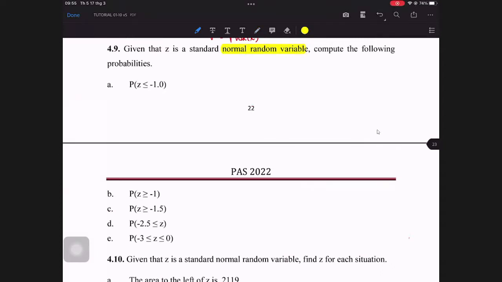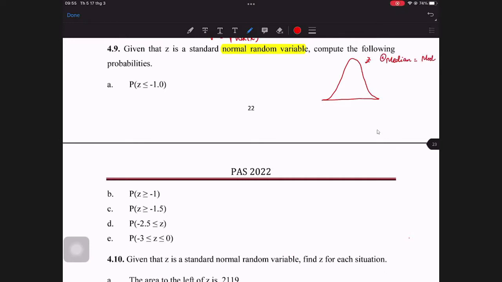All right, so for exercise number 9, what we have here is a standard normal random variable. And before we go any further, I'll just list out some of the ideas about the standard normal variable here. Now, if this is the distribution for Z, this is the standard normal distribution. So for Z, the median is the same as the mode and the same as the mean.